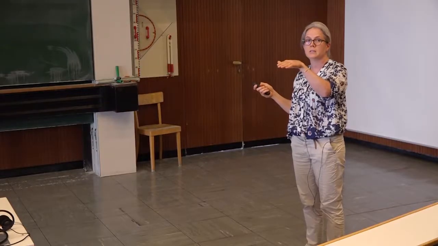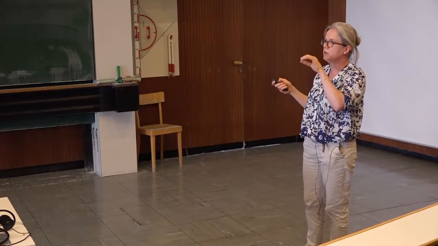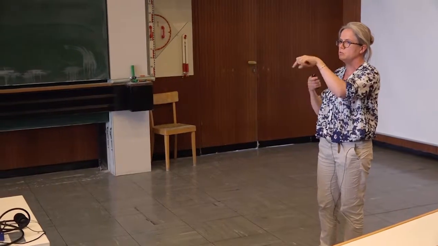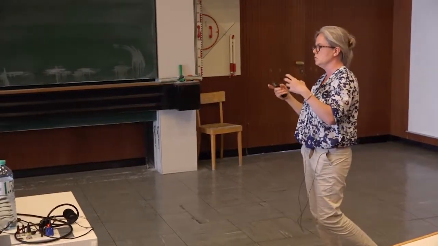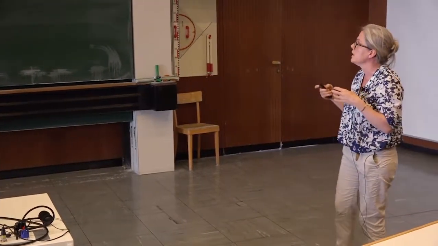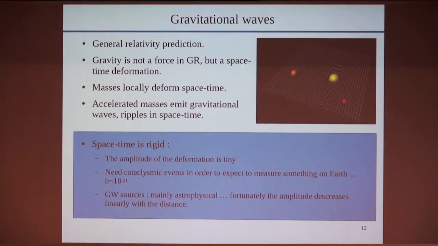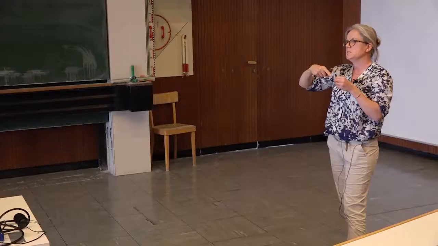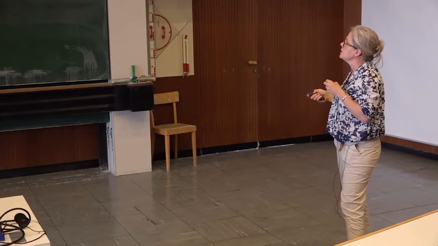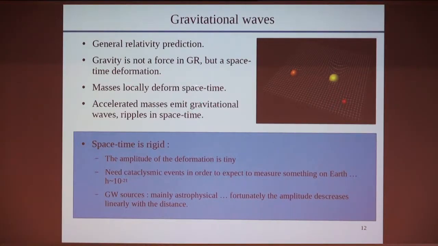We are in flat space-time, and we have a small deformation due to the acceleration, due to a source of gravitational waves. I'm going to mention that later. But the gravitational wave is propagating through the flat metric, and it's just a deformation of the metric.